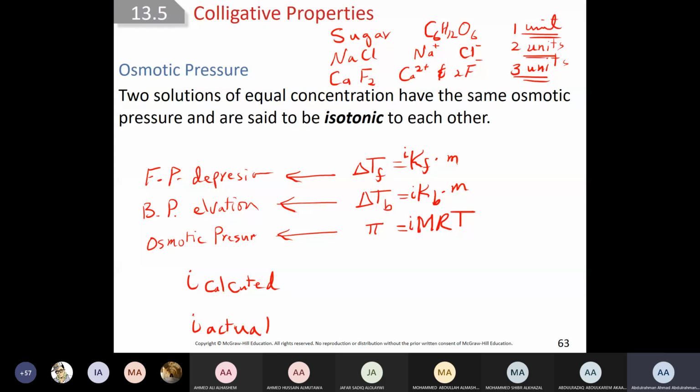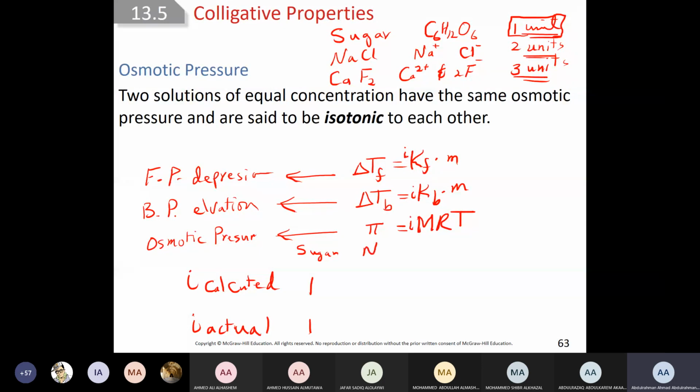What do I mean by I calculated and I actual? For example, if I have sugar, what is I calculated? 1, because I said it's 1 unit. And what is it going to be actually? Also 1, because it's 1 unit.